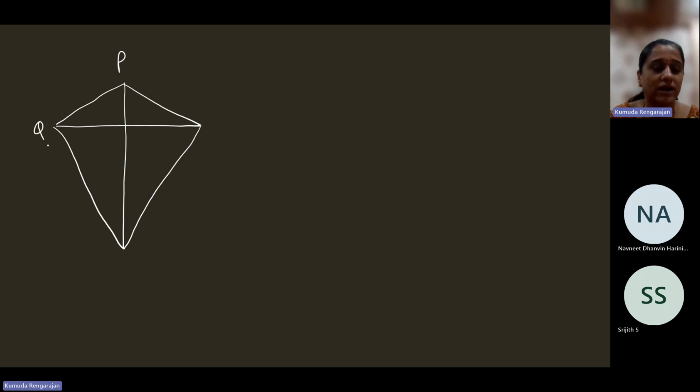Let me call this quadrilateral PQRS. PQRS is a kite.